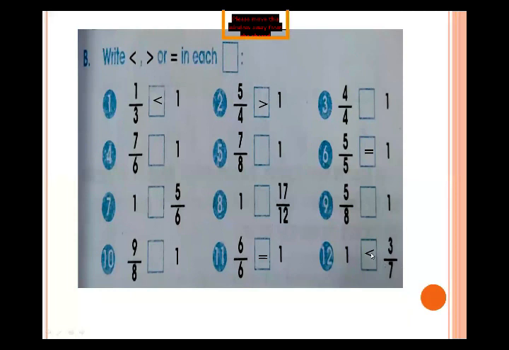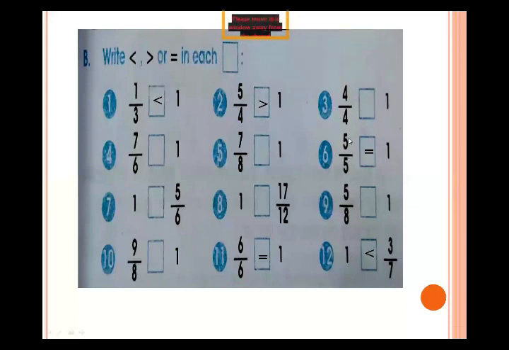It is the sign of greater than, not less than. Here, 1 is greater than 3 upon 7, because the numerator is smaller than the denominator. That's why 1 is greater than 3 upon 7.